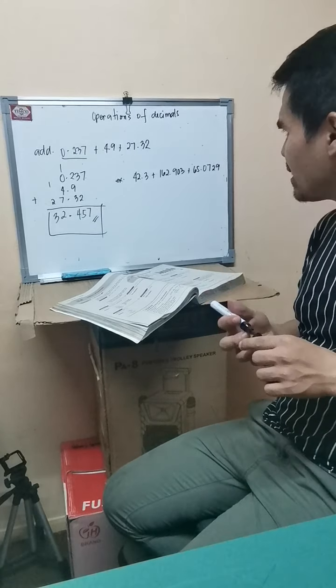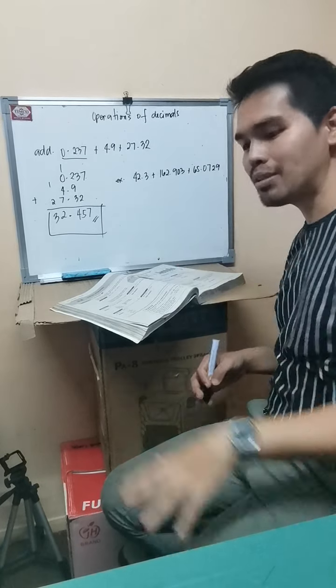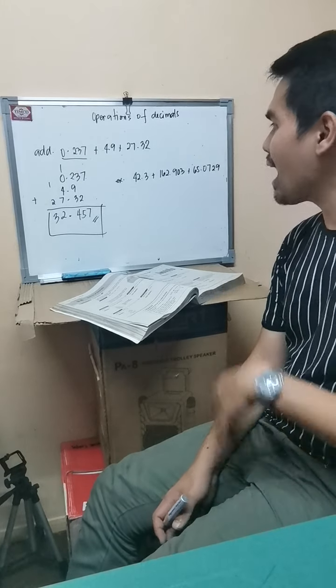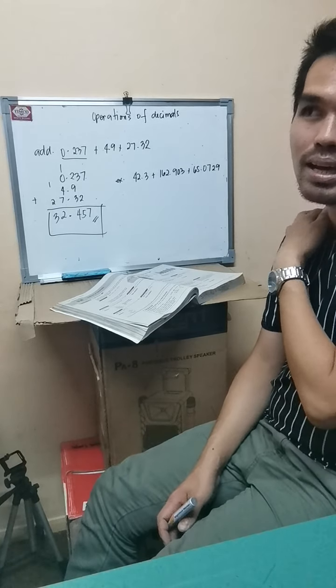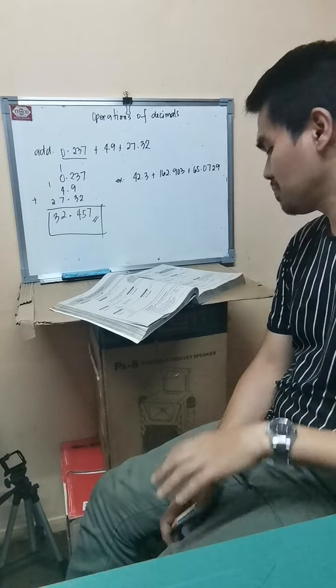Now this time, I'll give you 2 minutes to get the sum of this one, and after that, I'm going to reveal its solution and how to get the sum of these three decimal notations. So your time starts now.